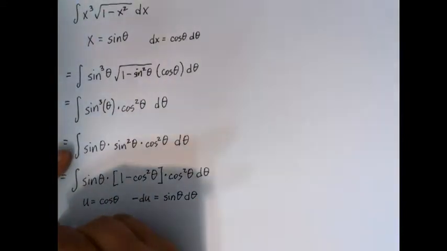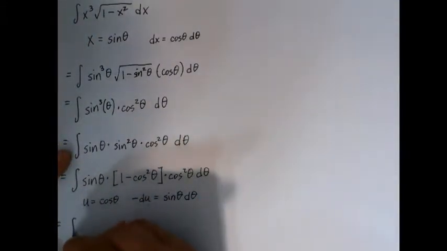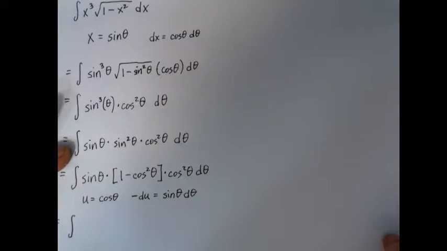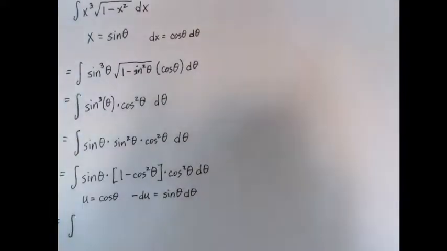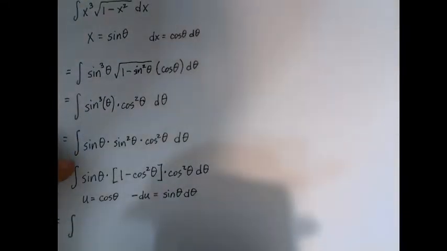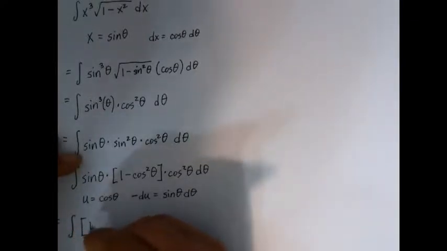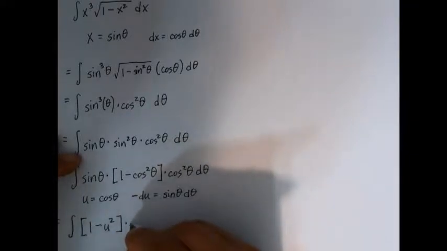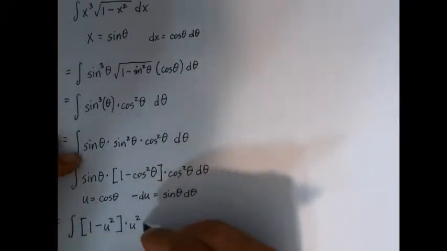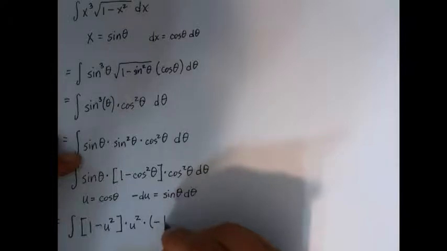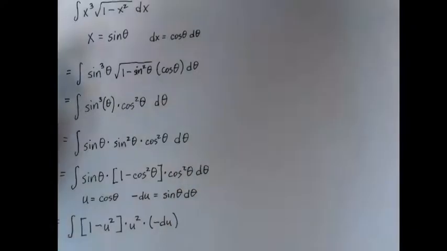So now in terms of u, we have the integral of 1 minus u squared times u squared times minus du.